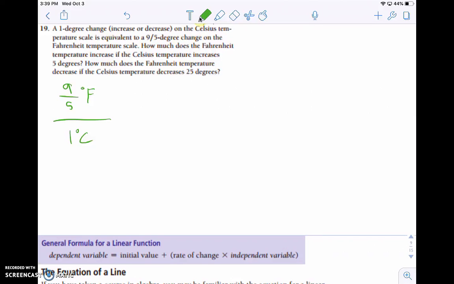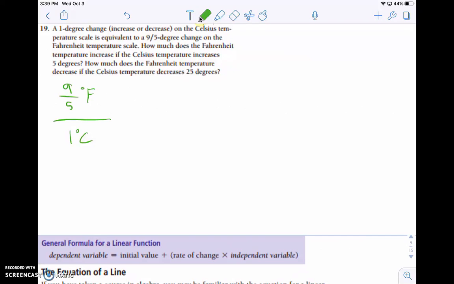So that's our unit fraction that we're going to be using here, or our rate of change. And so again, 9/5 degrees Fahrenheit for every 1 degree Celsius is the rate of change that we have.